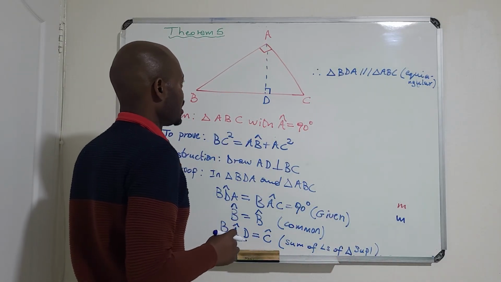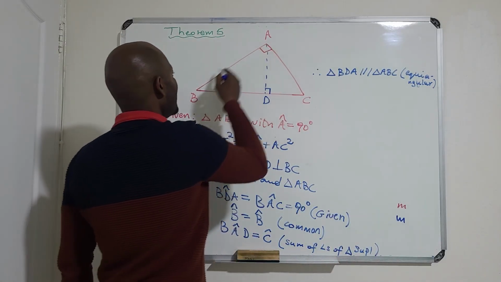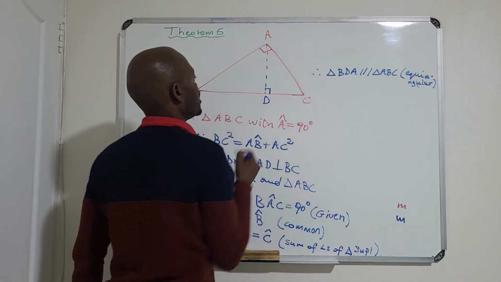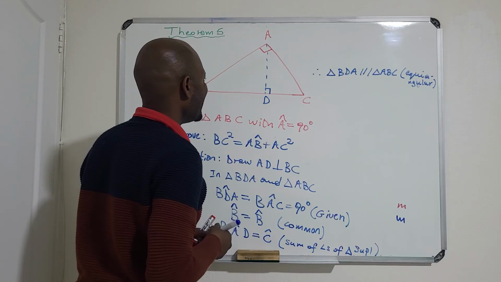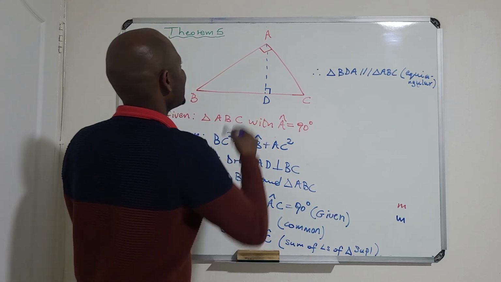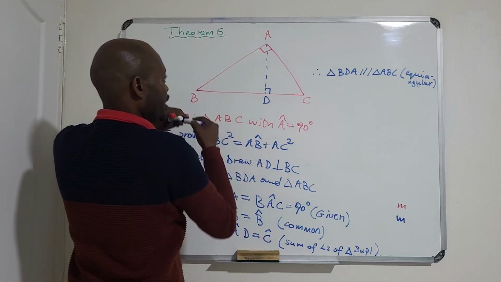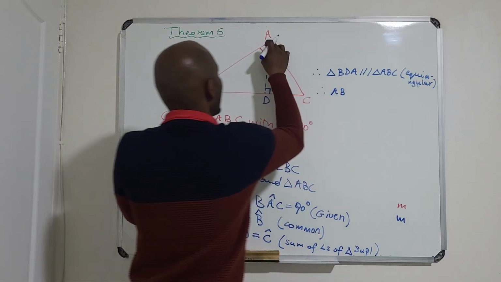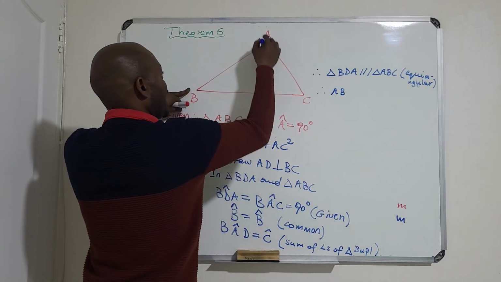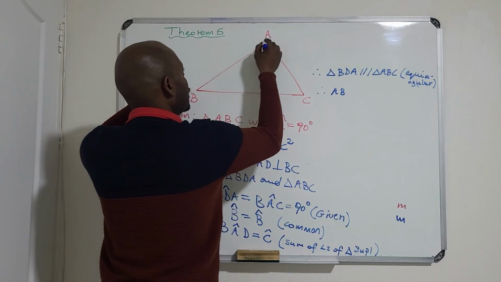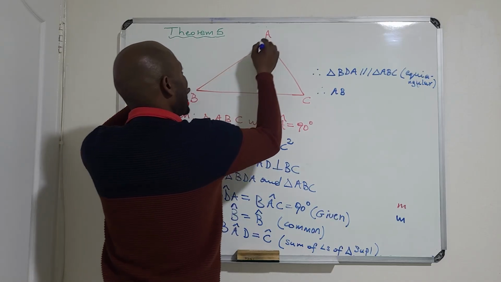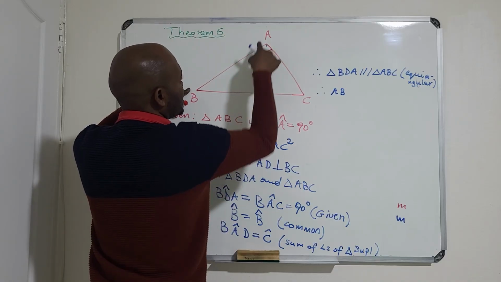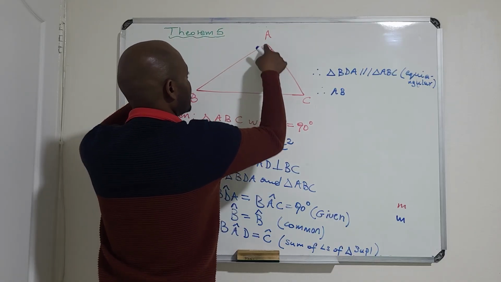Since this triangle is similar to this triangle, then we can say that AB in this triangle and AB in this triangle is opposite 90 degrees in this triangle.